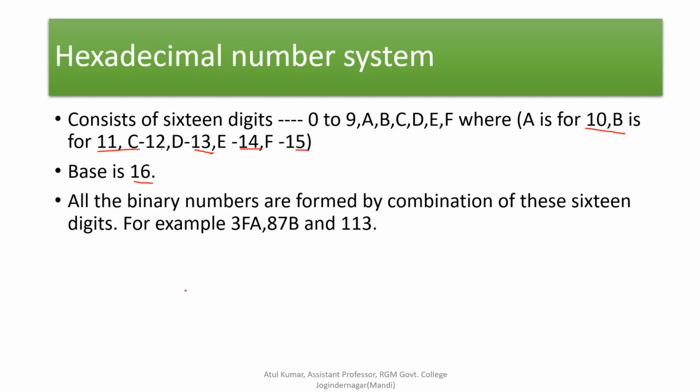So all the hexadecimal numbers are formed by the combination of these 16 digits. For example, 3FA is a hexadecimal number, 87B is a hexadecimal number, 113 is also a hexadecimal number.